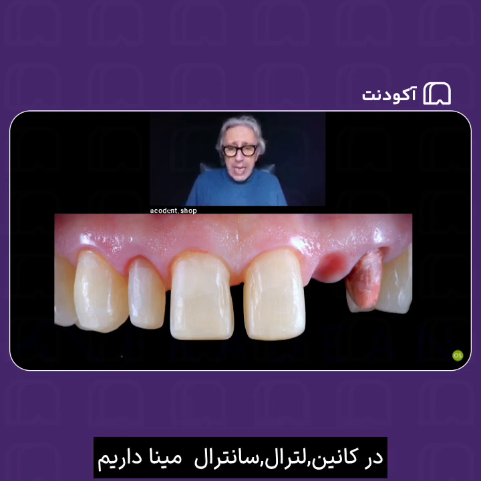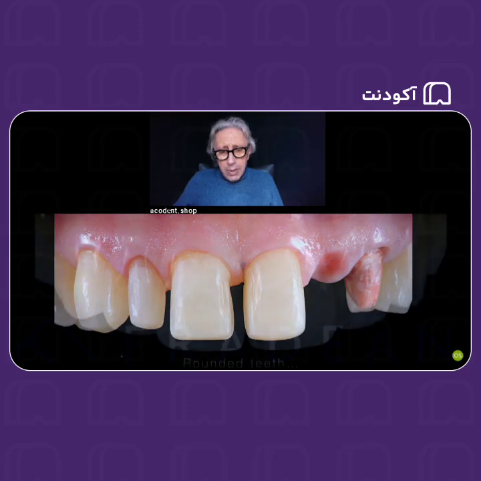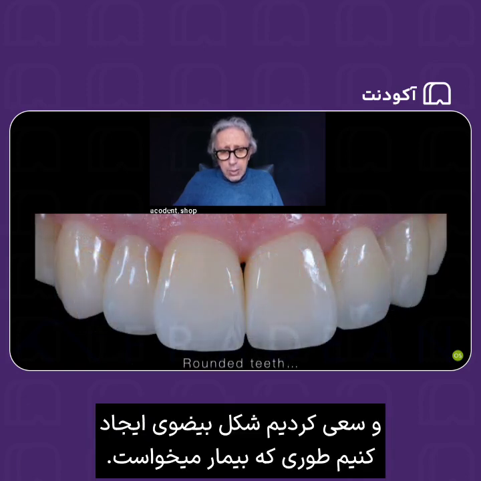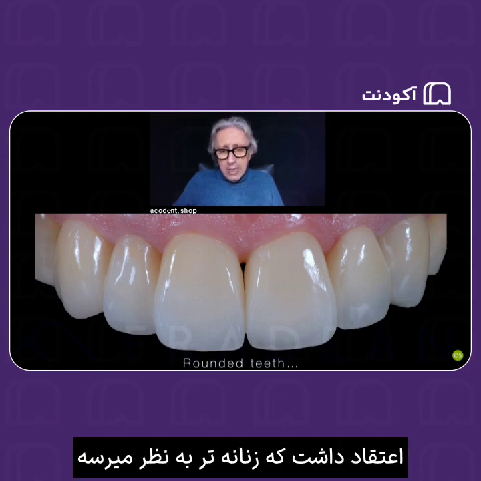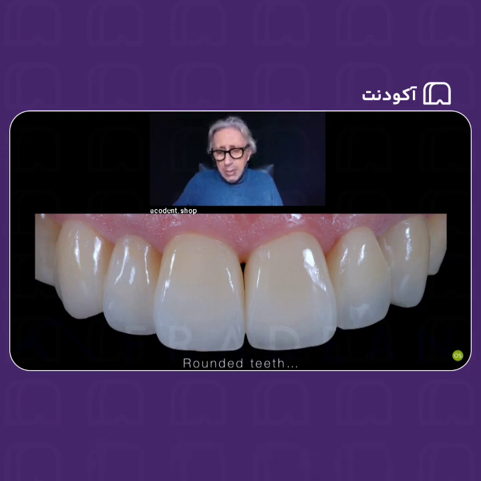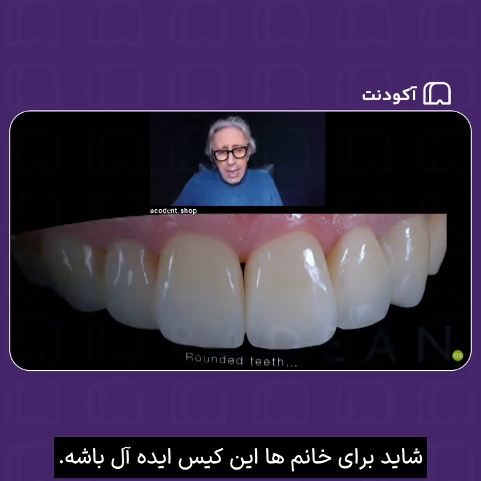On the rest, cuspid, lateral, central, in enamel, we started with square teeth and tried to make them more ovoid, more rounded, as the patient wanted. She loved it. She believed it's a more feminine design. Maybe it's true. For her mouth, for ladies, this was the ideal case.